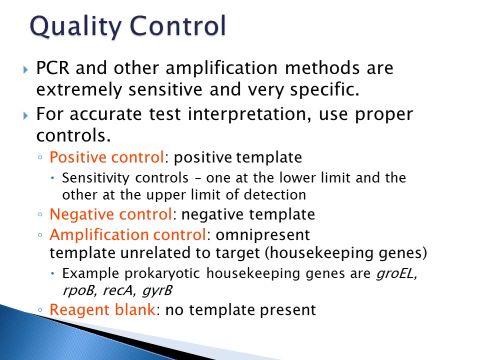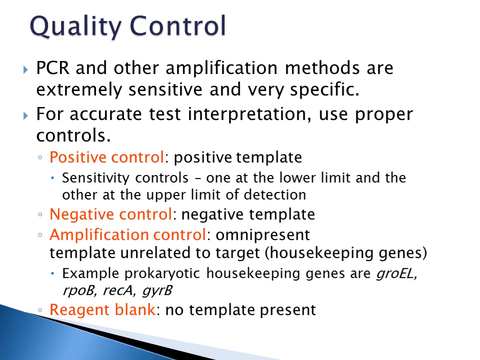In your positive controls, you also might have sensitivity controls. There may be a positive control at the lower limit and a positive control at the upper limit of detection. You always want a negative control so you know that there's no contamination present. You will also want to have an amplification control, and this is an omnipresent control.